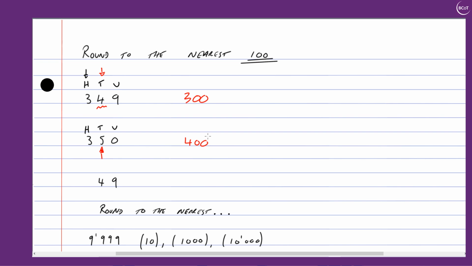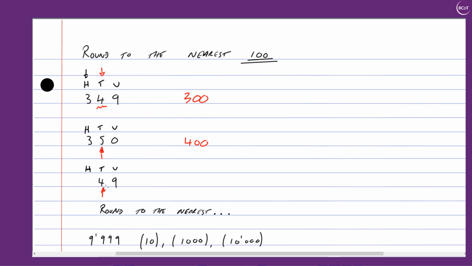Sometimes we round down to 0. You're allowed to round to 0 if that's what the answer is. So in this next example, even though there's no hundreds in this number, it's just 49, I could write the column header there anyway. So because I'm rounding to the nearest 100, as it says here, then we always look at the number to the right of that, which is the 4 in the tens column.